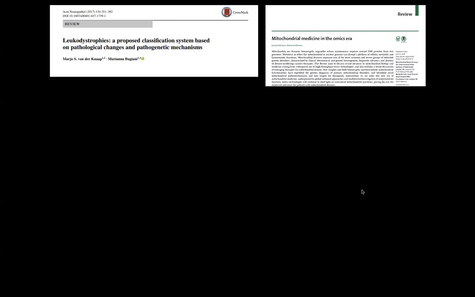the world of neurogenetic and neurometabolic disorders is becoming, starting with two very important papers: one on leukodystrophy by Van der Knaap and Marianna Bugiani, and the second by Professor Shamima Rahman, who works in our institution in London, on mitochondrial disorders. Look at the leukodystrophies.